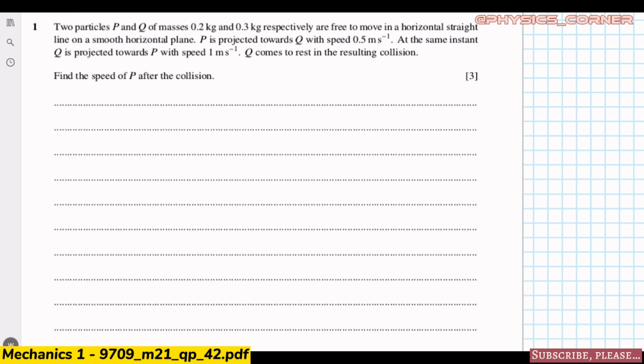Let's say we have particles P and Q on a horizontal plane that is smooth, so there is no friction.